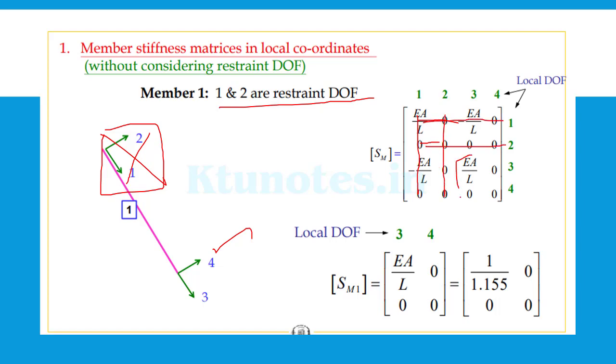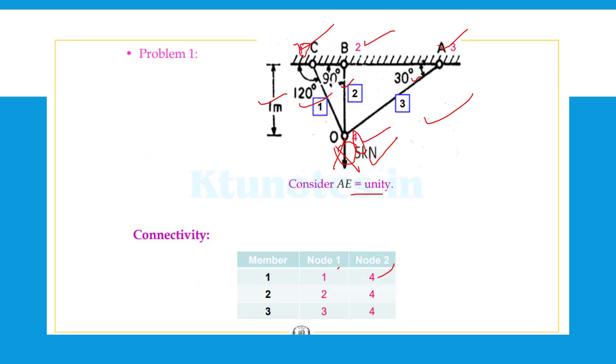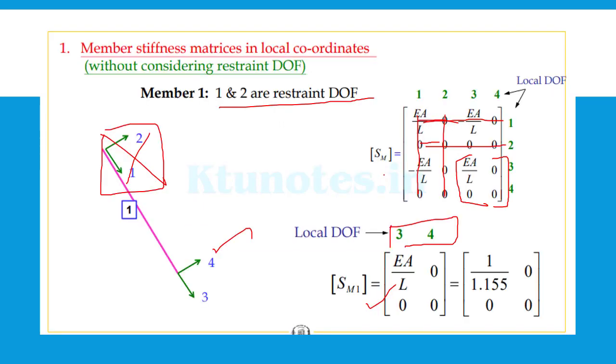But the remaining is EA by L, 0, 0, 0. SM1, the local degrees of freedom of 3 and 4, is equal to EA by L. We know the EA value is 1, and the length of the corresponding member: this is 1 meter, this is 120 degree. From the right angle triangle, you can find the length of the member CO, which will be equal to 1.155.